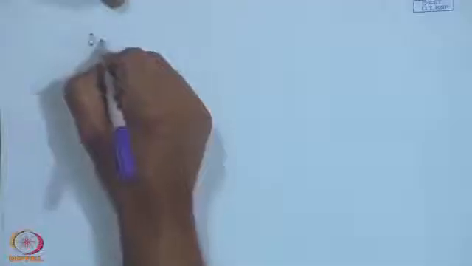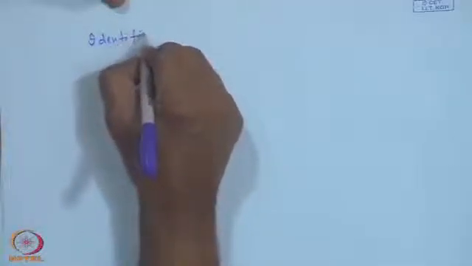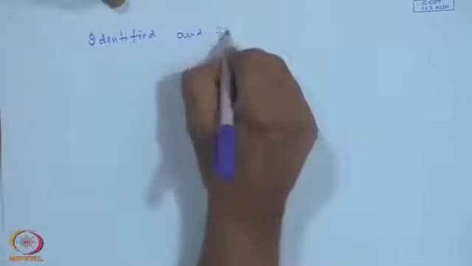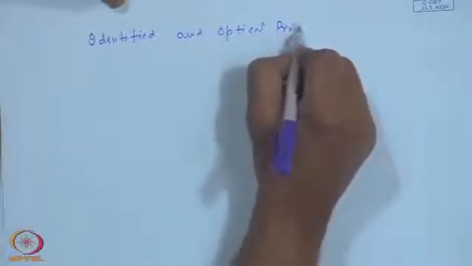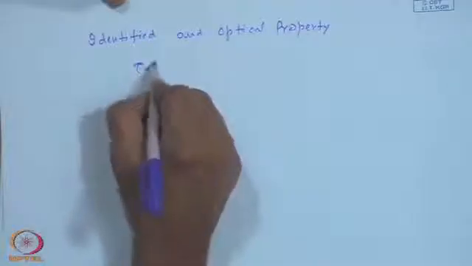So, just because the algebra is too long, I shall spend a few minutes to recap. First, we identified an optical property, tau alpha.